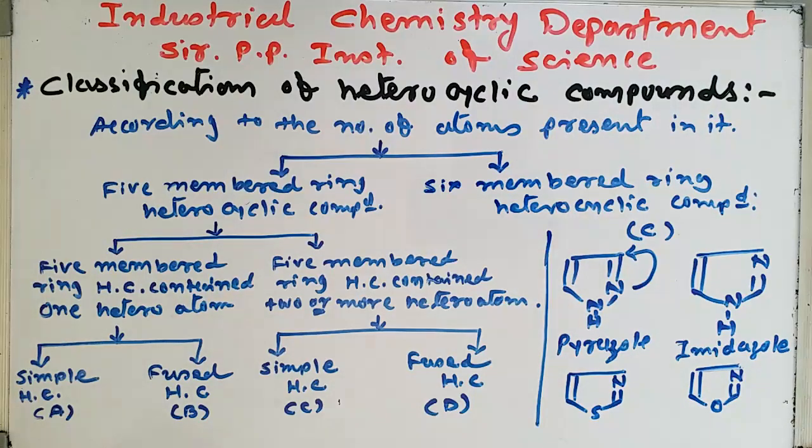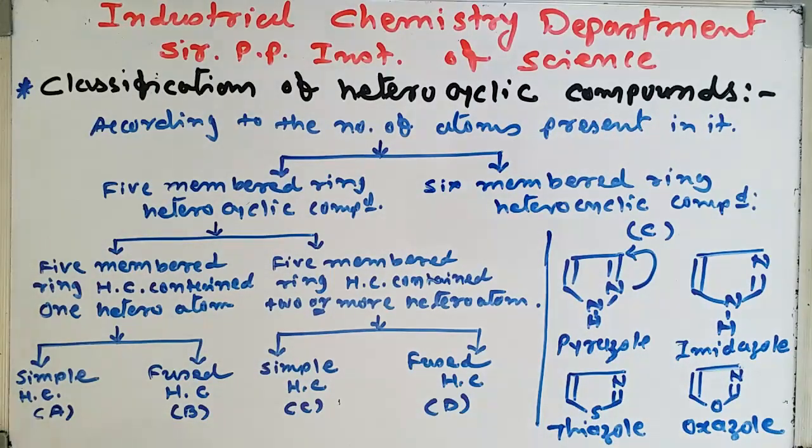So these also contain two heteroatoms. Sulfur one is known as thiazole, and this one is known as oxazole.